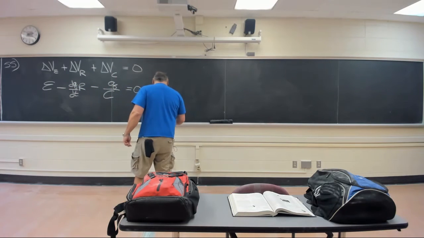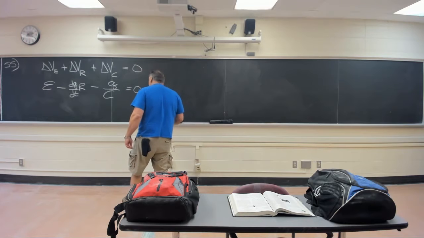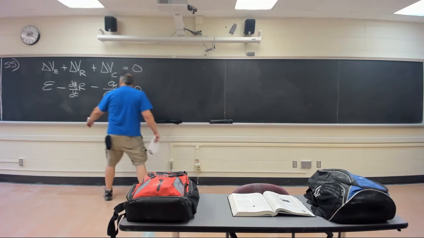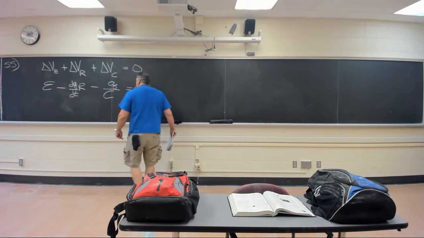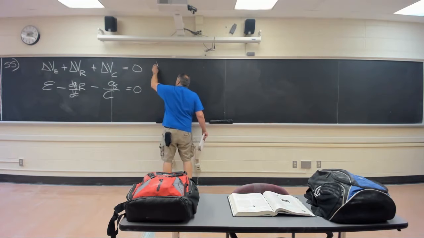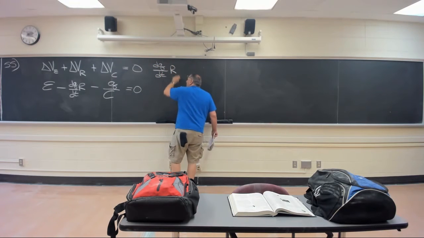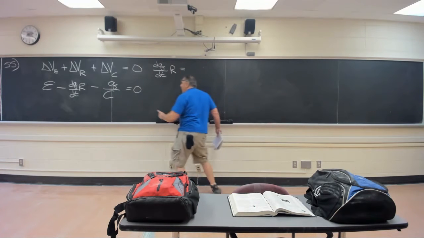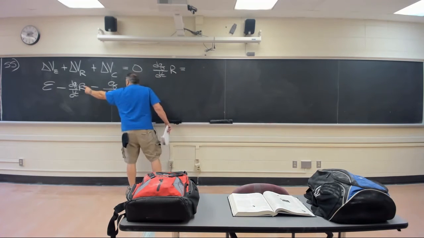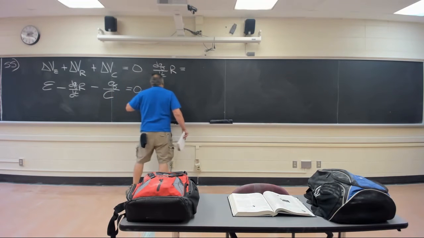Well, okay, the way to look at that would be, why don't you add a positive dq dt R on each side. So you got dq dt R over here, and then you got the rest.